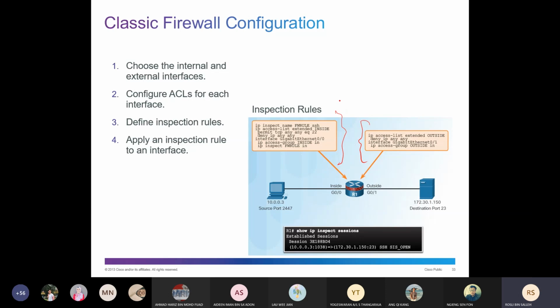The traditional way of configuring the firewall for a stateful firewall. So you are saying that I want to inspect this particular rule, you configure that to use SSH. So this is the command here, you need to apply this, and then the rest.